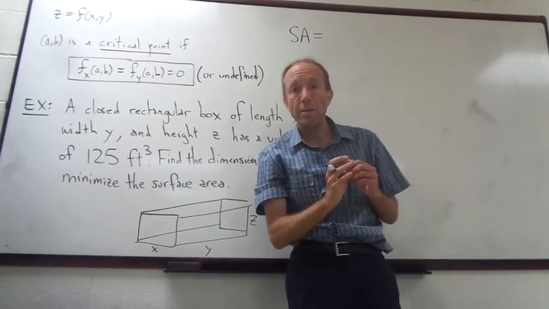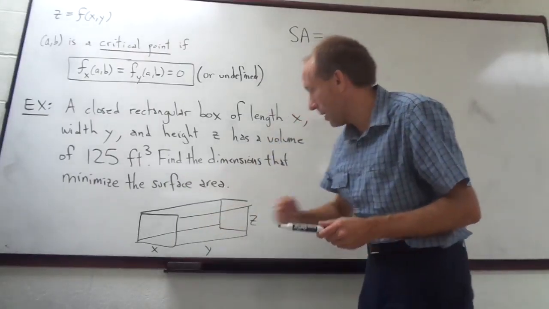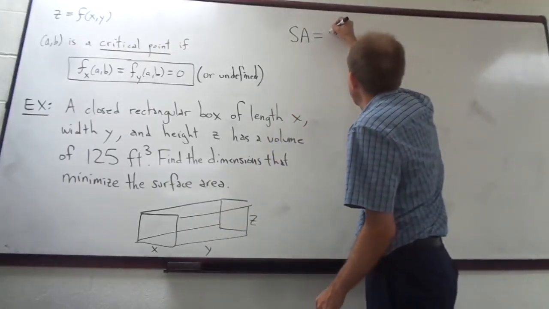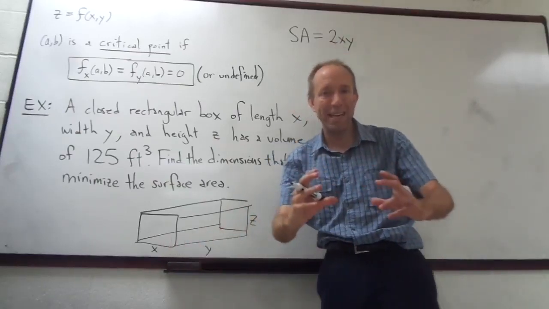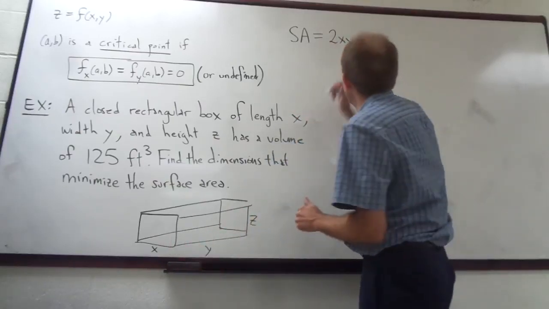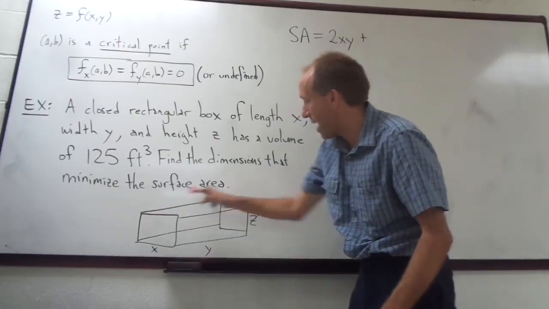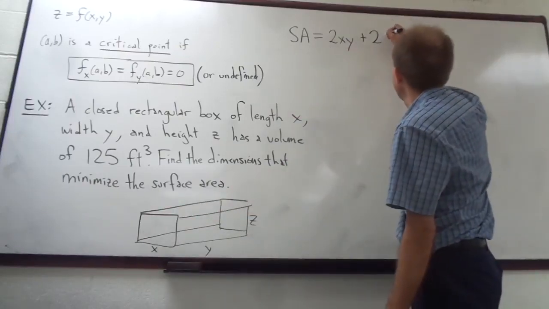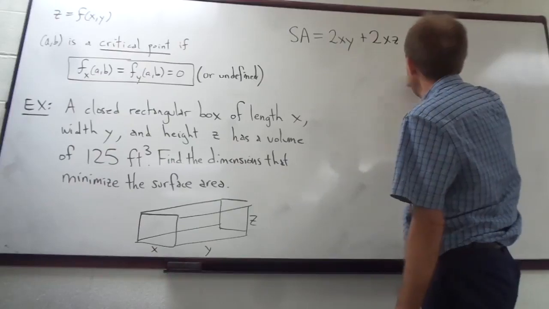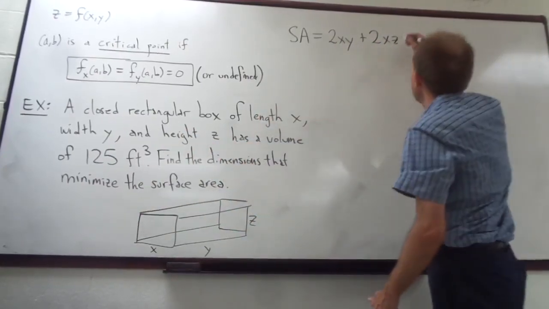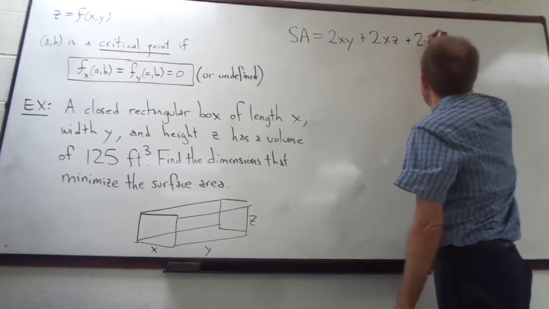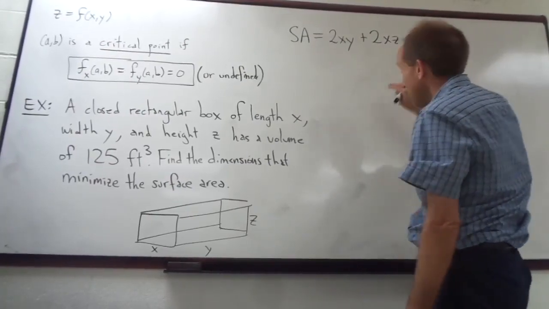The top and the bottom both have an area of x times y. Those are just rectangles. Then the front and back faces have dimensions x by z, and there are 2 of those. And then the left side and the right side, there are two of those, and they have area yz.